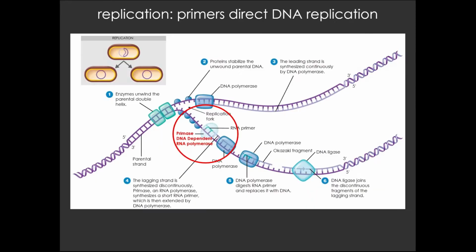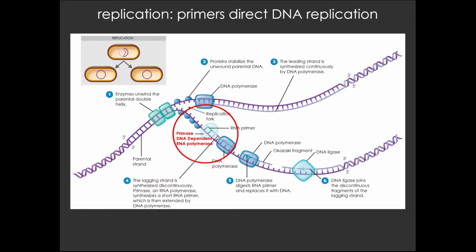One last thing that I'd like to say about DNA is not novel, but it's something that we want to make sure we understand because it's going to be really important in our next unit. And that is the fact that primers are needed to direct DNA replication because DNA polymerase is not capable of binding to a single strand of DNA and replicating a strand opposite it.